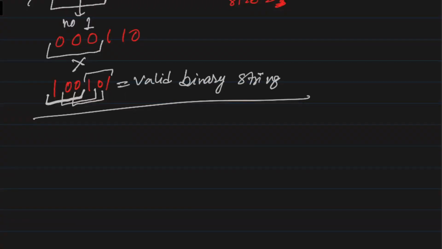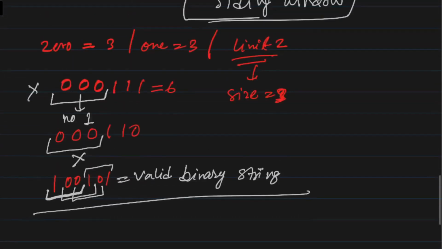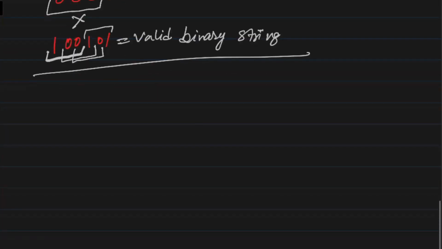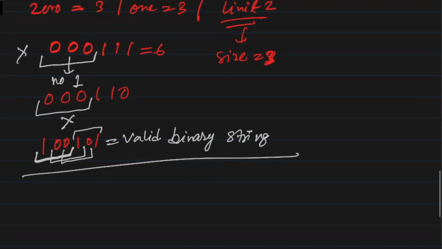So if I'm doing this by brute force approach, right? So what is our time complexity? Here, if you see, for each and every position I have two options.